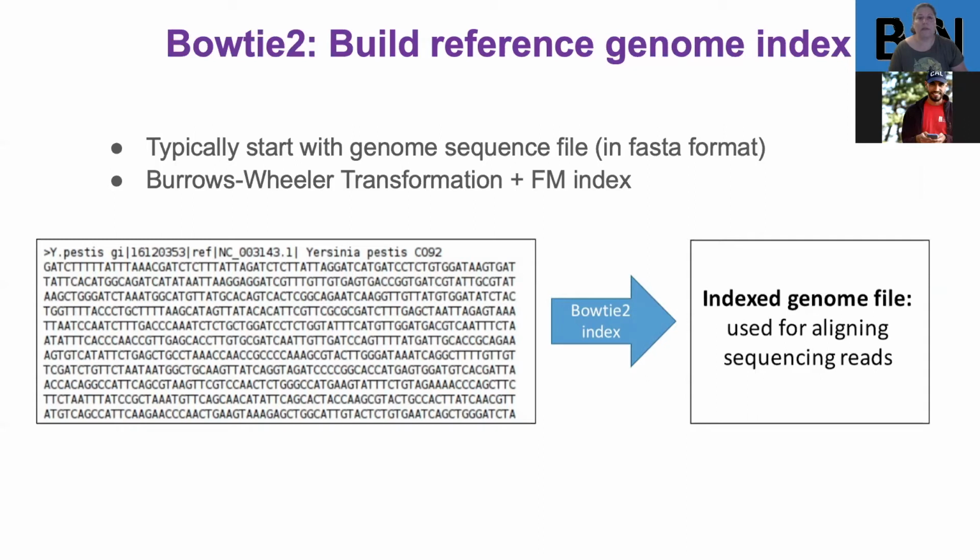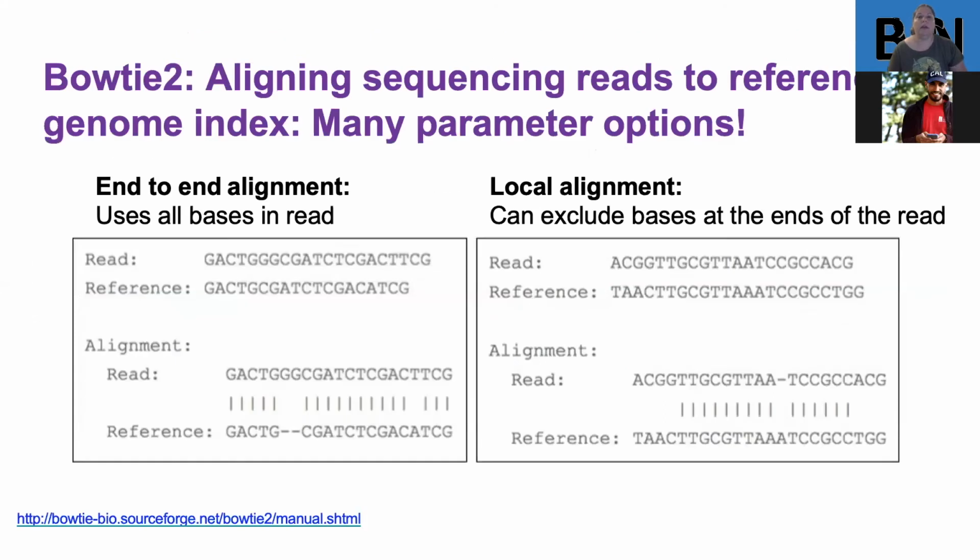Once you've created your index, and that can be based on any FASTA file, then you start aligning your reads to that reference. There are basically two main types of alignment. It's either end-to-end, so you have to have the ends of the read aligned to the reference, which may mean that you need to enter some deletions in your reference, like on the left example.